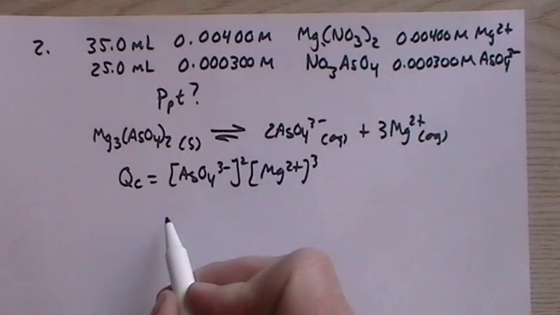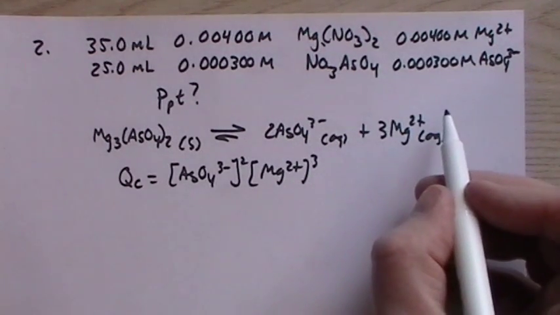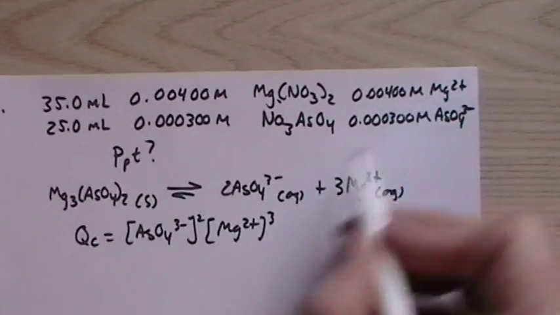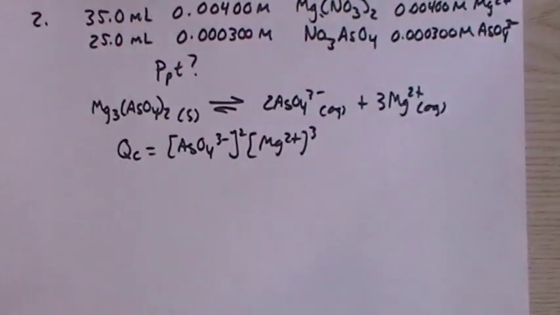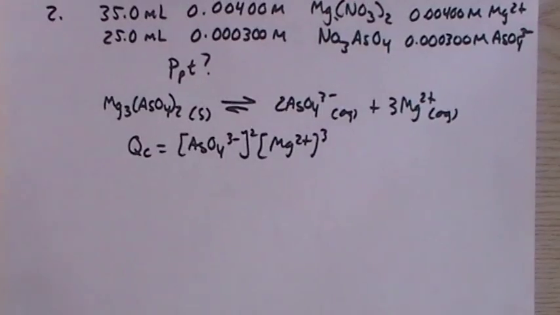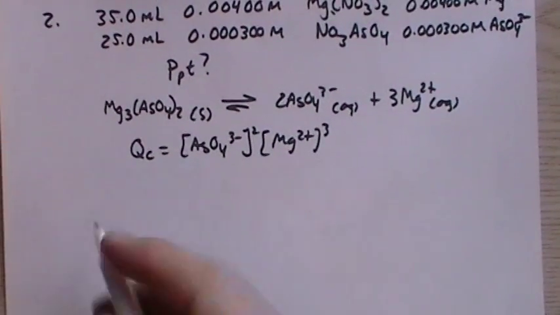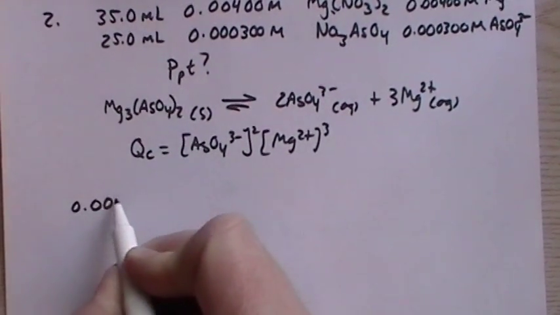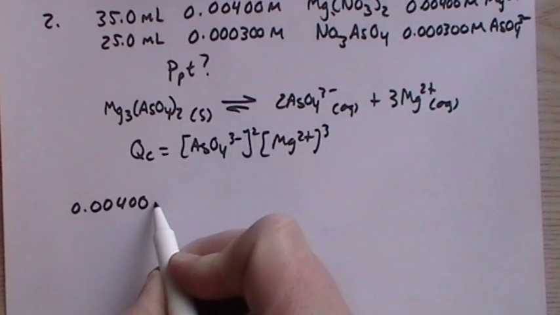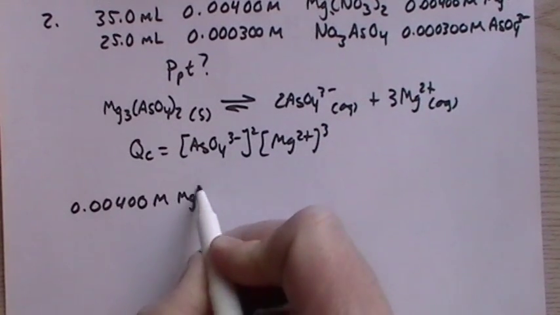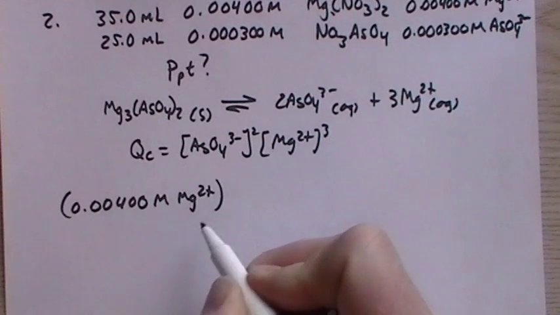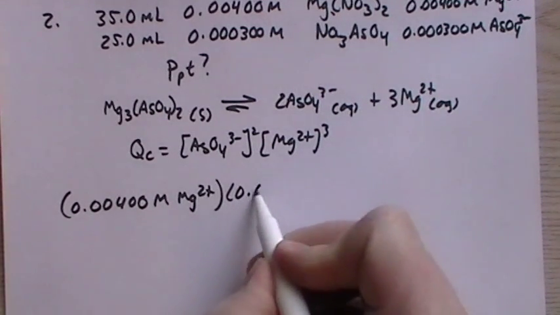You should be fine. Now, these concentrations don't go directly in here because we have to mix them. So we have to change to moles first, and then divide by the new volume to get the new concentration. So we have the magnesium times its volume.